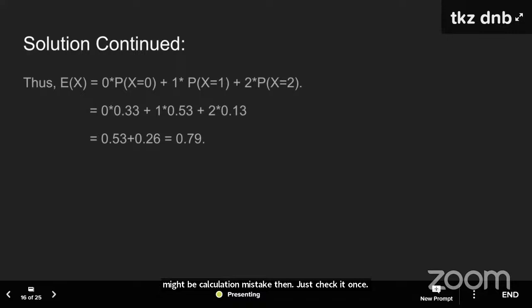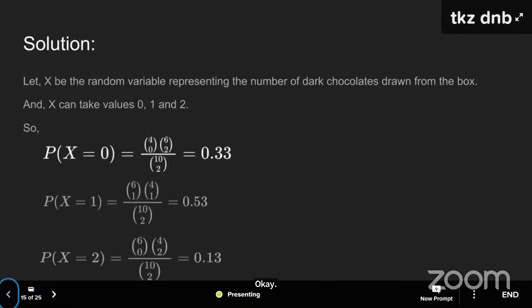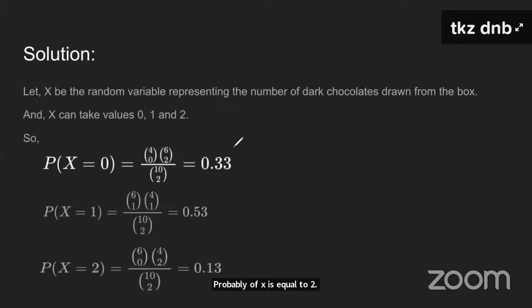Ma'am, can you explain the previous slide, second part? Which part? Ma'am, P of x is equal to 2. I can explain. Probability of x is equal to 2. X is equal to 2 means both the chocolates are dark chocolates, right?